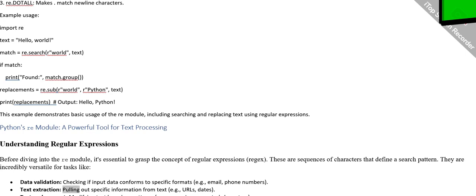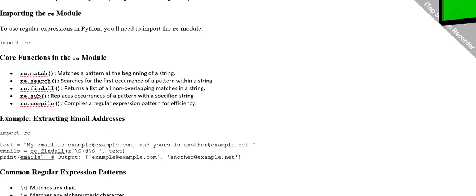Text extraction, pulling out specific information from text, for example URLs and dates. Text replacement, modifying text based on patterns, for example removing unwanted characters. Search and replace, finding and replacing text within a larger body of text.